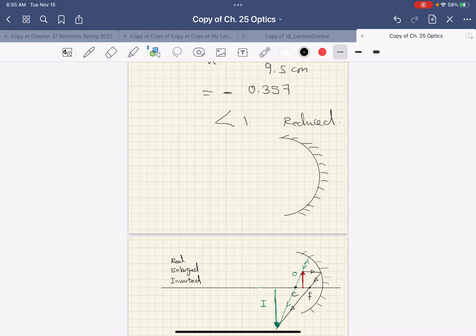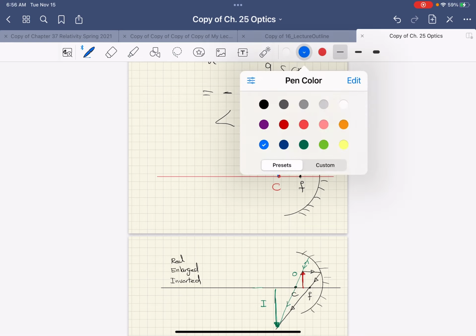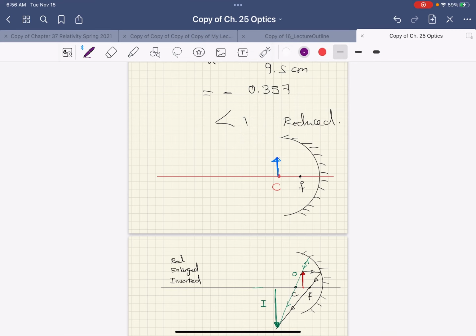This is my principal axis almost, and here is my C. My F is going to be here, and here is my object.